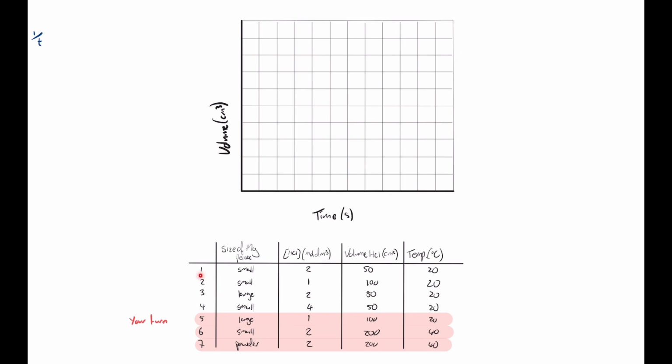So, number one, we've got a small piece of magnesium. Again, the mass will always be the same here. We've got a concentration of 2 moles per decimeter cubed of hydrochloric acid, volume of 50, temperature 20. This is, again, not exact, but it's a general idea as to what these graphs might look like.